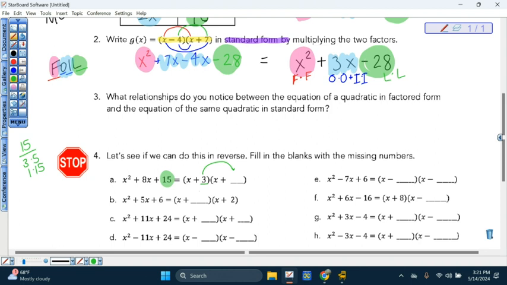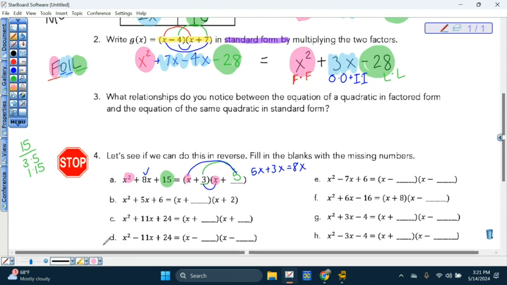So 3 times what is going to equal 15? 5, right? But then if I check my outers and my inners, I'm going to get 5x and 3x. What's 5x plus 3x? 8x, right? Which is what I have here in this middle term. The x times the x is already done for you, so we don't really need to worry about that part.